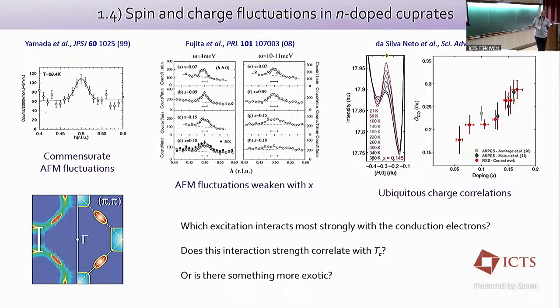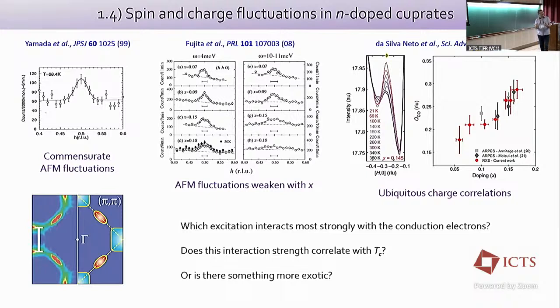Here is some neutron scattering of praseodymium lanthanum cerium copper oxide, and you can see how it's fixed at (π, π). As you go down in Tc across the phase diagram, the strength of these gets weaker, but they extend down to very low energies. At the same time, RIXS has shown evidence for short-range charge correlations, and the Q vector matches this point. So both of these things are present in the system.